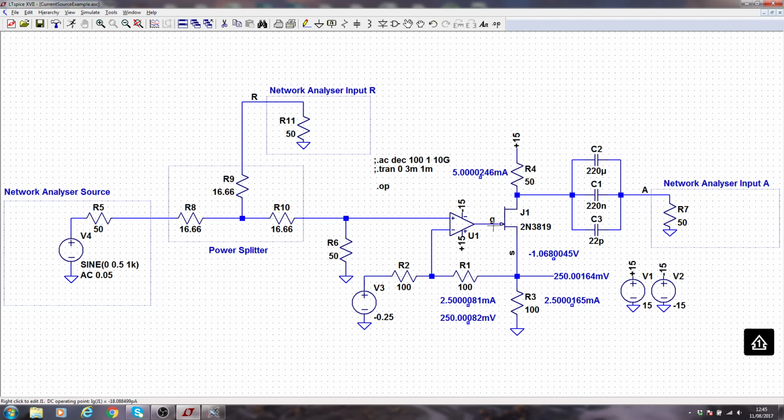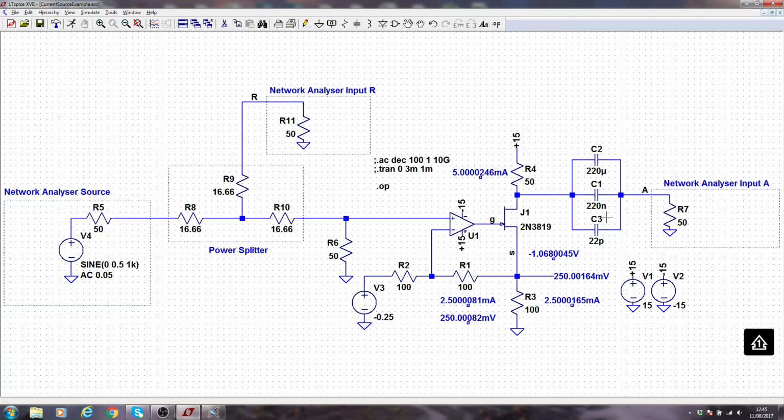There's no gate current, or very small gate current, because the gate to source junction is reverse biased in the JFET. And then we have the drain current and the source current equal to each other. Drain is this one, by the way. And then the current reaches this node and it splits equally in these two directions because it sees the same resistance to ground in each direction, more or less. So that's the overall setup.